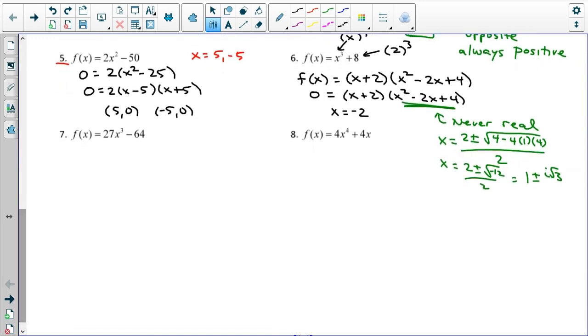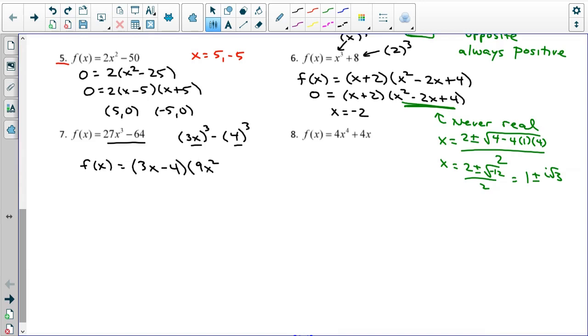Okay, in this one, I have the difference of two cubes. So f of x equals, first of all, I need to recognize what's being cubed. So 3x is being cubed, and 4 is being cubed. So my a is 3x and my b is 4. So I have 3x minus 4 because I have the same sign here.